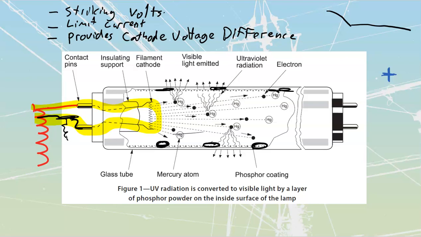Ballasts are also graded based upon the type of noise that they put out. Everybody's heard a really hummy, bad fluorescent at some point or another. If you had fluorescents spec'd for an office environment or a library, you're going to want something really quiet, so you're going to have to get a Class A ballast compared to a Class F, which you might use in a place like a gymnasium, where it's already noisy and you don't really notice that hum in the midst of everything else.